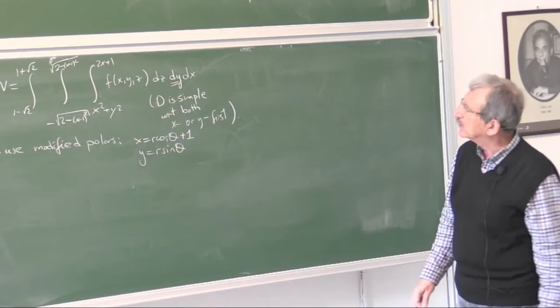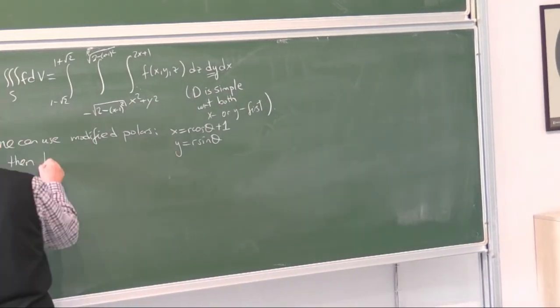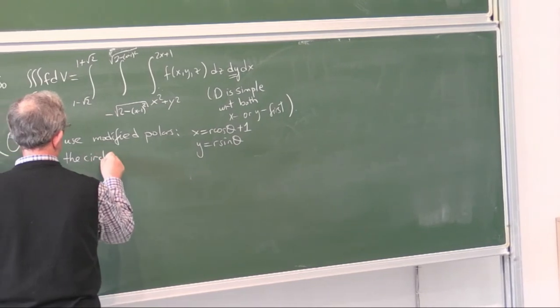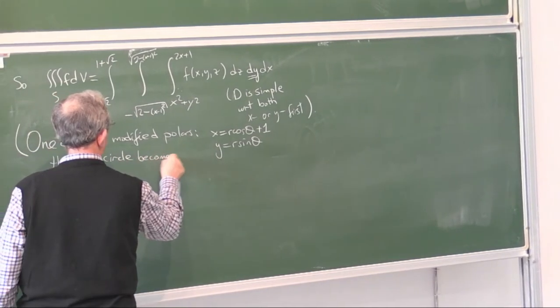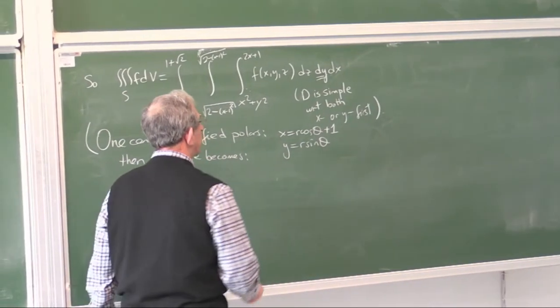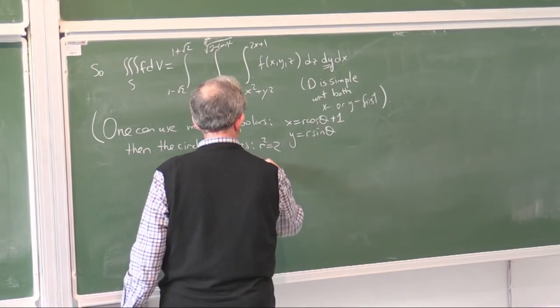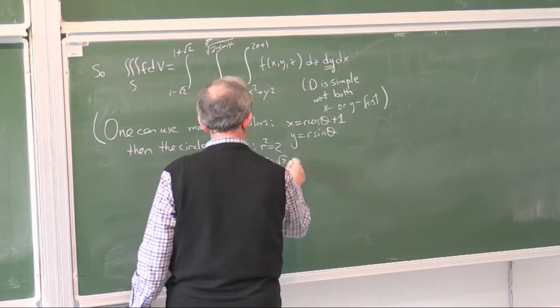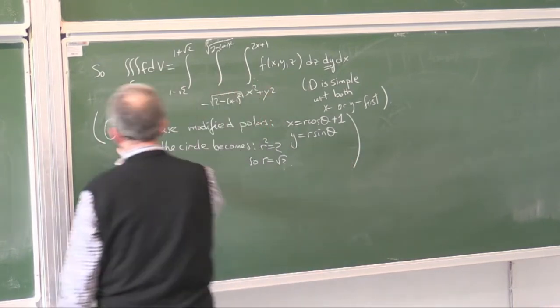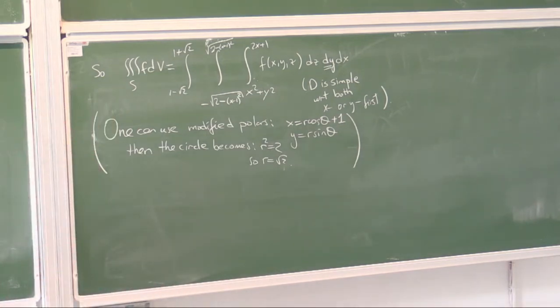And so the circle then becomes, put (x minus 1) squared plus y squared, well, that becomes just r squared equal to 2. So r is square root 2. It is as simple as you can get it. Of course, you have to find out the Jacobian, but it's still r, so nothing changes in there.